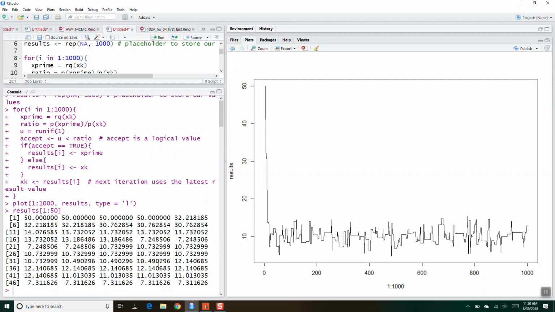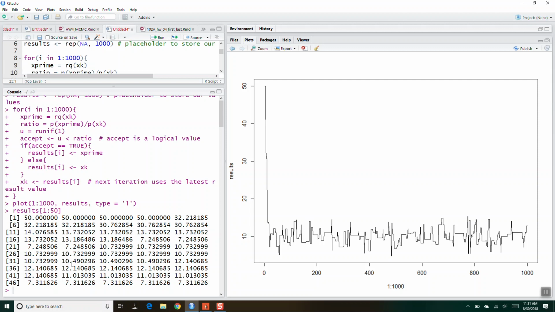If I propose values like 28 and 30, those are also going to be rejected, because the normal distribution with standard deviation 2 really has values only going from like 4 to 16, only within a small window. And so we're proposing values way outside that window, and those are all going to be rejected. It's not until I propose another value like 10.49 that we're like, oh, that's a reasonable number, we'll accept it.